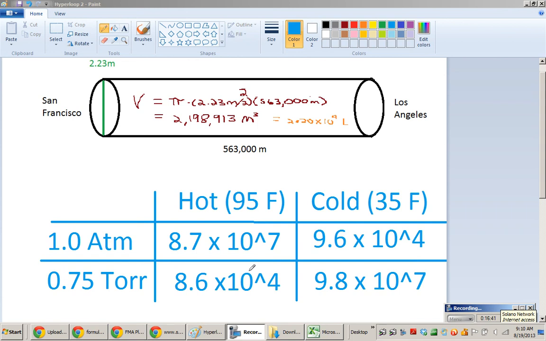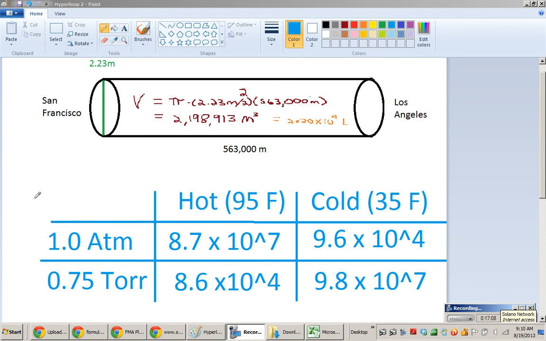This is reduced by a factor of 1,000 using the various vacuum pumps that the tube is going to have, and it ends up being, when you calculate it out, 8.6 times 10 to the 4th. So this change by 3 factors of 10, that's a factor of 1,000.